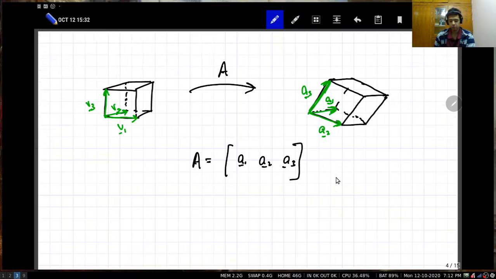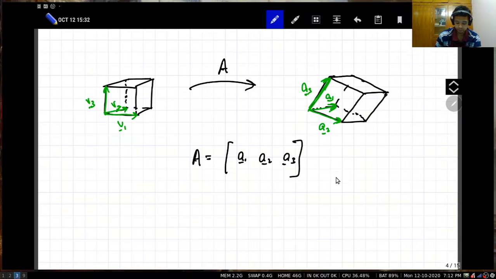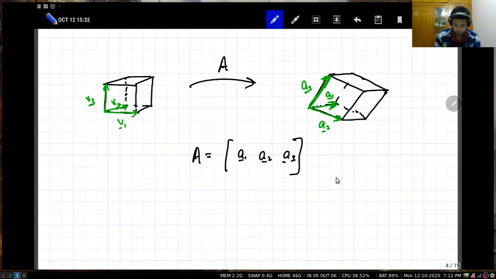And it's the parallelepiped which is defined by the column vectors of A, right? And we also know that the determinant of A corresponds to the volume of this parallelepiped, right? So that's the geometric interpretation of multiplication by a matrix A.